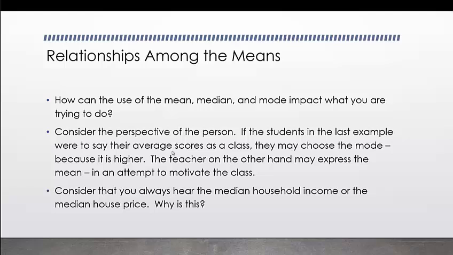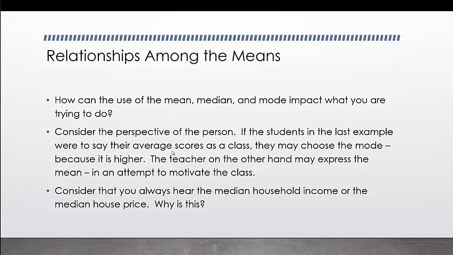Think of the average worker who makes, a beginning year teacher makes $36,000. An executive at a private company may make $300,000, $350,000. Well, it's going to take 10 teachers to equal that one salary. And so the average is going to be skewed. And so that's why it's expressed in median.